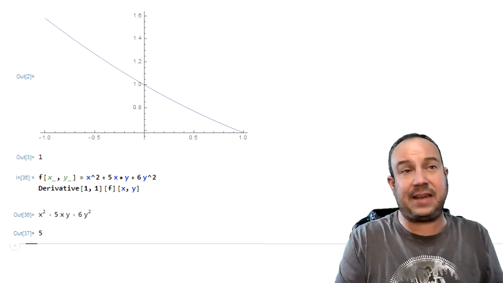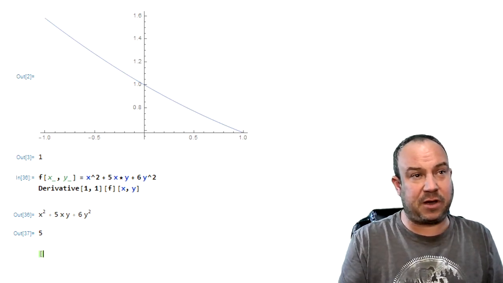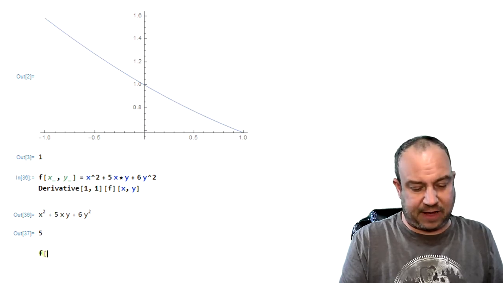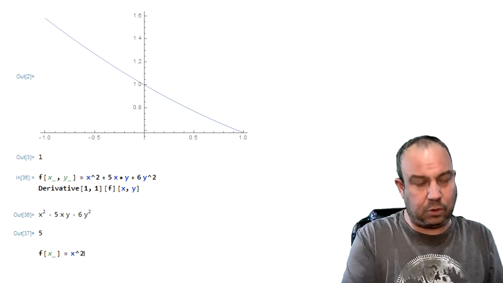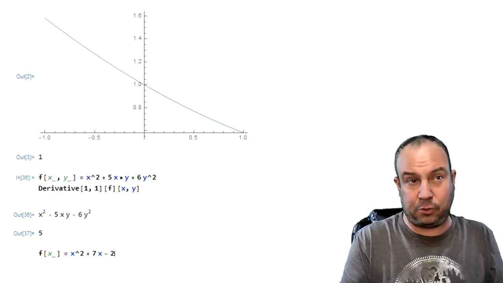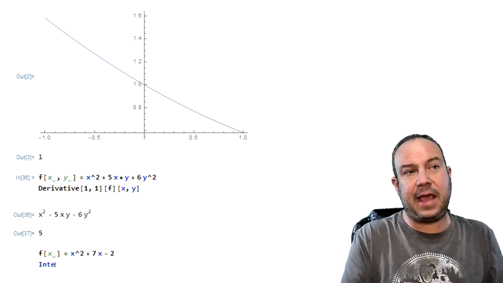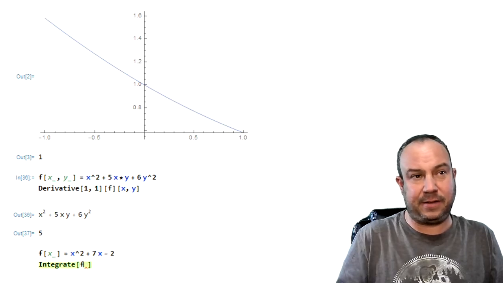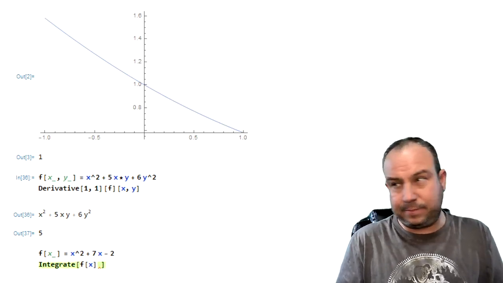Let's look now at integration. Well, first of all, let's call out a function. Let's maybe call out f of x is equal to x squared plus 7x minus 2. All right? And we can integrate f of x, right?